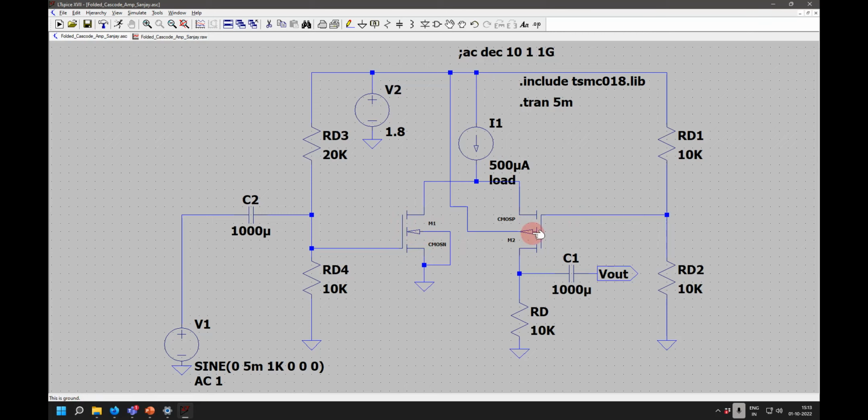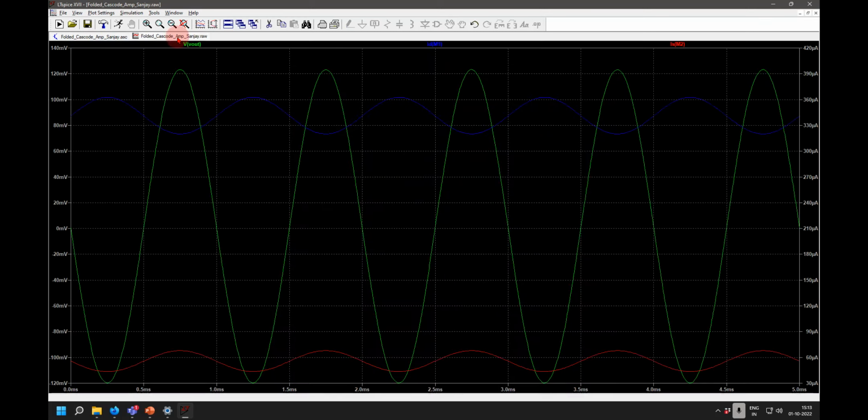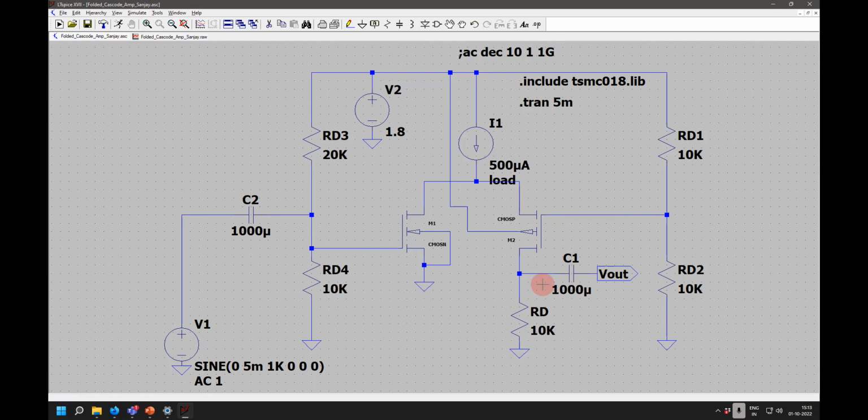So high current here, lower current here. But both these transistors are in saturation also, and that is the reason you will find I am getting a very high gain out here. And you see 330 is the current there, 60 is the current on the other side. So this is how you design a folded cascode.